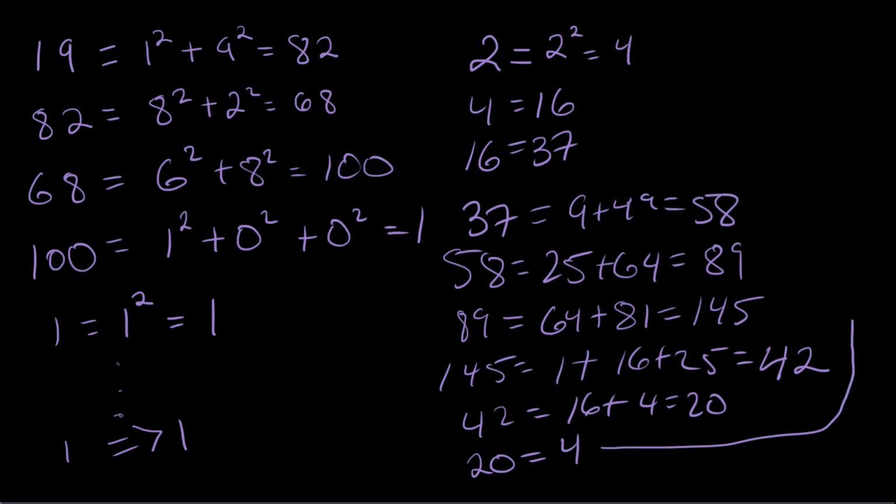We've gone back to a number which we've already been at. Whereas 1 is a cycle of length 1, this is a cycle of 1, 2, 3, 4, 5, 6, 7, 8 distinct numbers. And because we never encounter 1, this number is not happy. And so we would return false, where the other returns true.